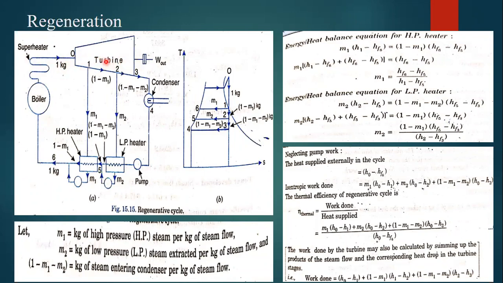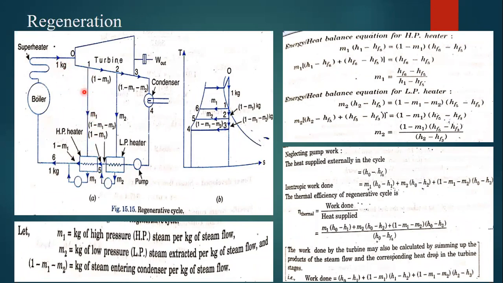And we already know that at the turbine we are going to get some work output. Suppose we send 1 kg of mass to the turbine, and to raise the temperature of the water taken from the pump, we utilize some m1 kg of steam.